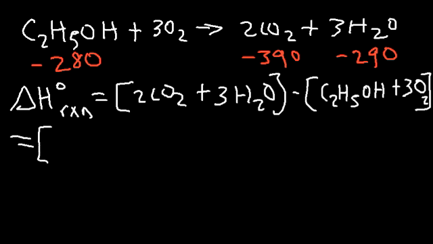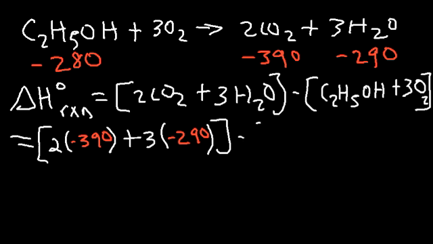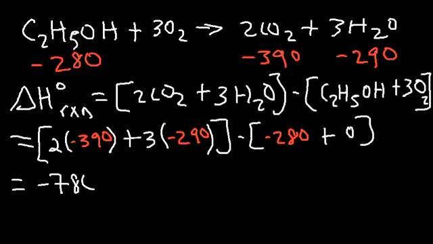So for CO2, the value is negative 390, and for H2O, it's negative 290, and for ethanol, it's negative 280, and for oxygen, it's simply 0. So 2 times negative 390, 2 times 39 is 78. So this is going to be negative 780.